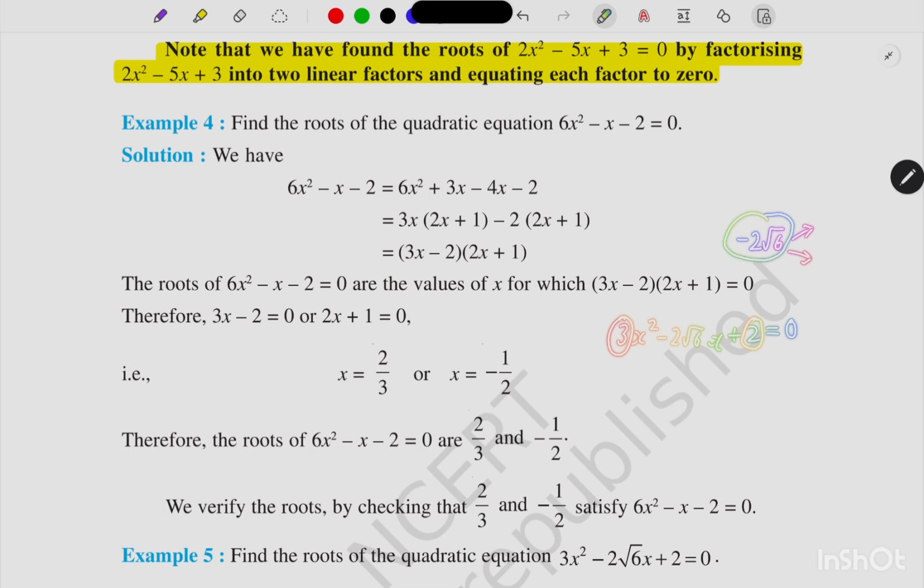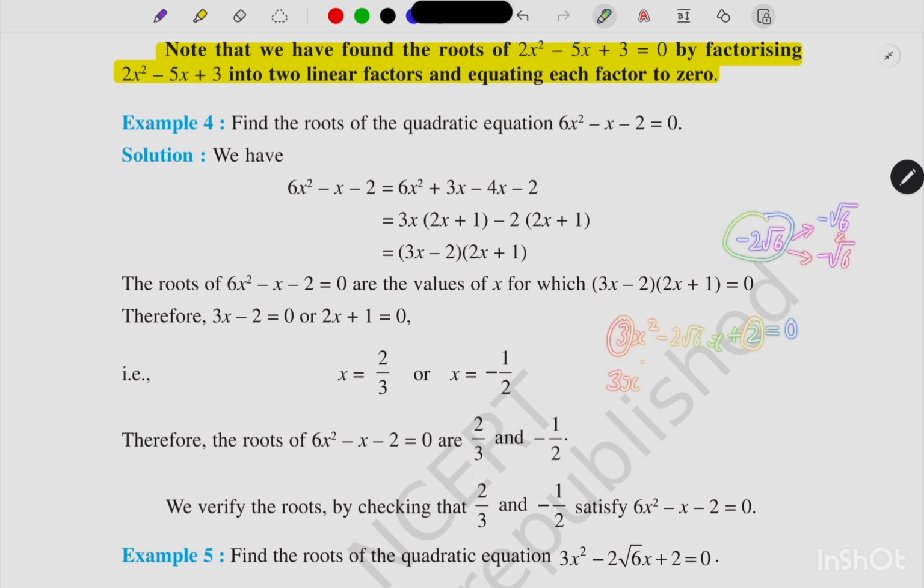So any idea on what we can form? I think minus root 6 and minus root 6 works. Why? Minus root 6 multiplied by minus root 6 is 6. Root 6 into root 6 is 6, minus into minus is plus. So when you multiply these two together, you will get 6, and when you add them together, you will get minus 2 root 6.